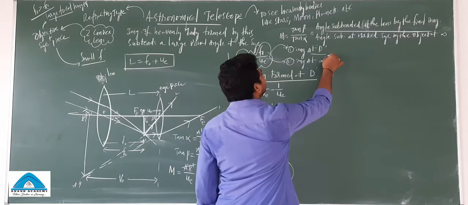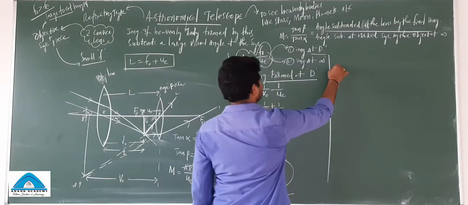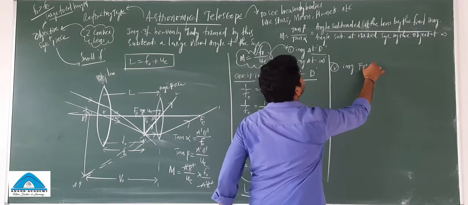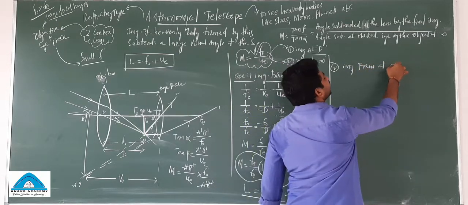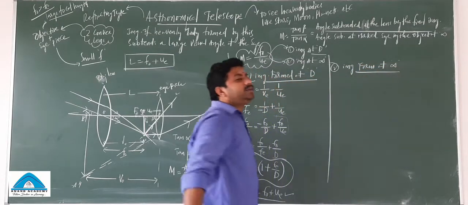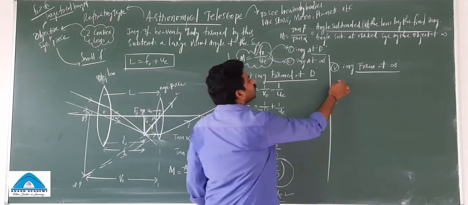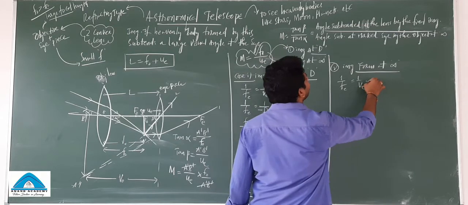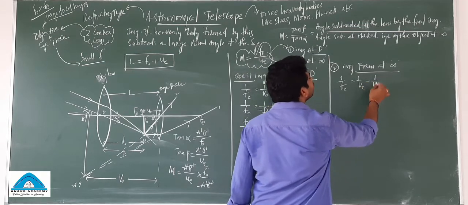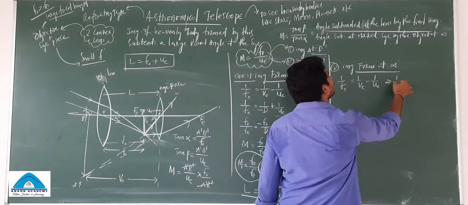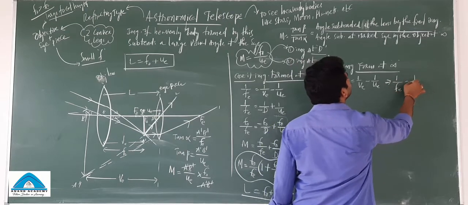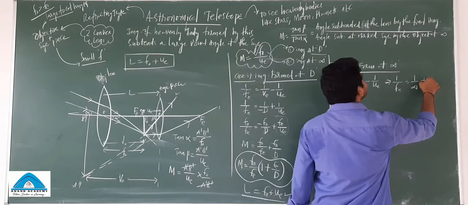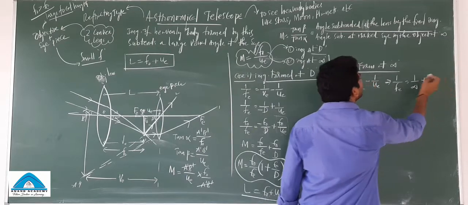Now, what is our second case? Our second case is when the image is formed at infinity. Let us use the same relation: 1 by fe is equal to 1 by ve minus 1 by ue. So 1 by fe is equal to 1 by infinity, and 1 by infinity is 0, minus of minus plus 1 by ue.